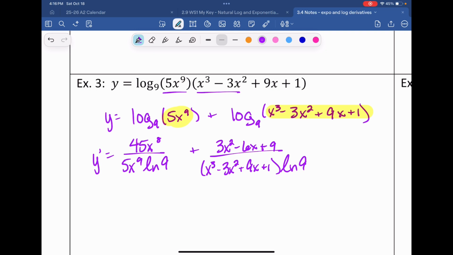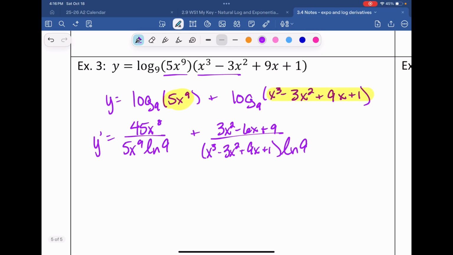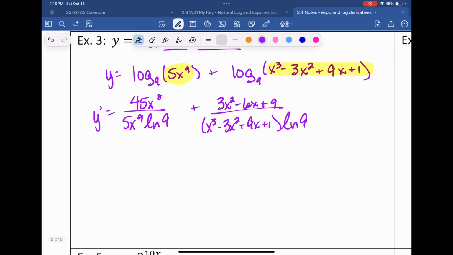Okay, the only thing that we can do here, because this is a psycho type of fraction, I'm not asking you to go any further than this, is simplify that fraction. You do it by reducing. 5 goes into 45 9 times.